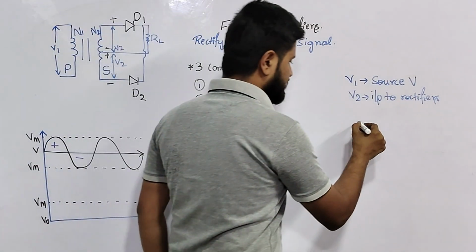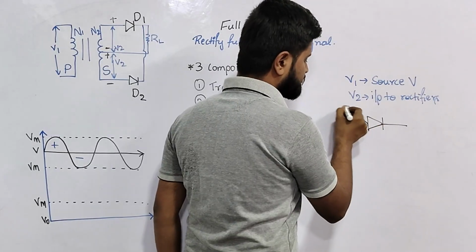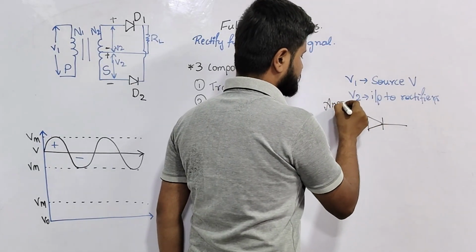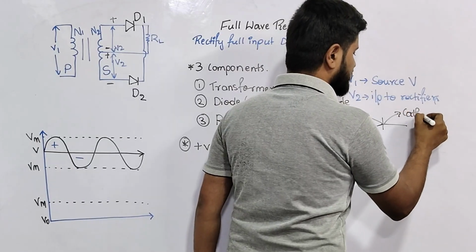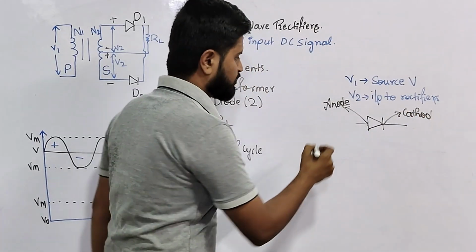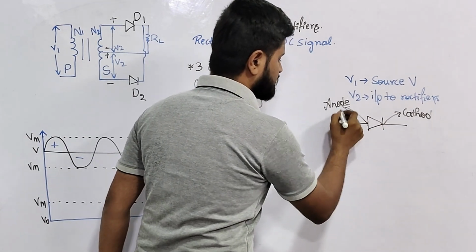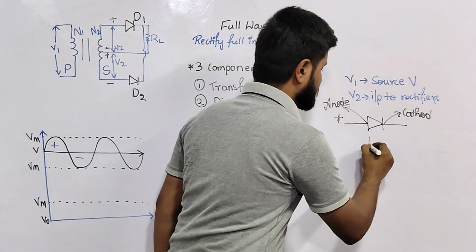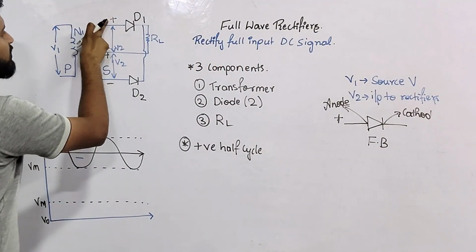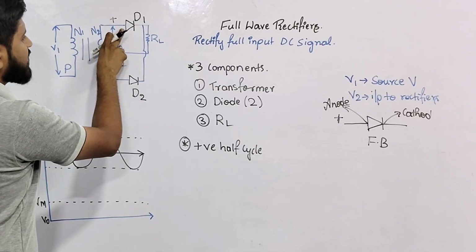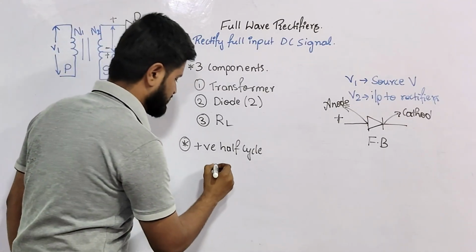Now, if I consider a diode, this part is called the anode and this part is called the cathode. When the positive terminal is connected to the anode of a diode, it will be forward biased. See here, the positive terminal is connected to the anode of diode D1, so diode D1 will be forward biased.